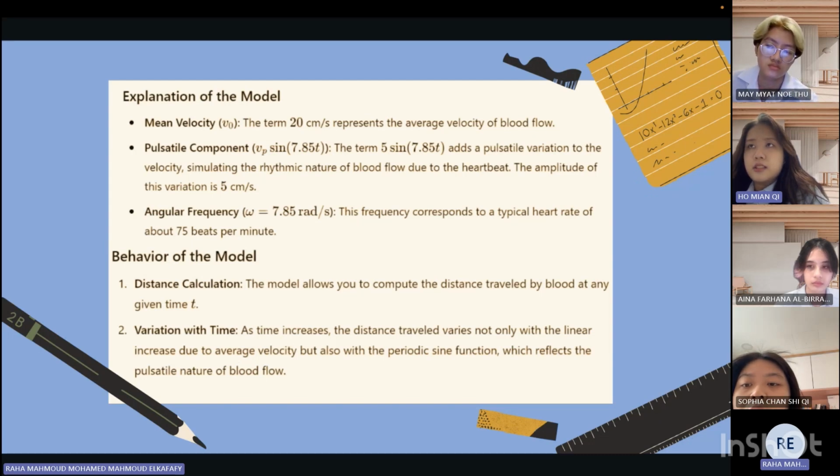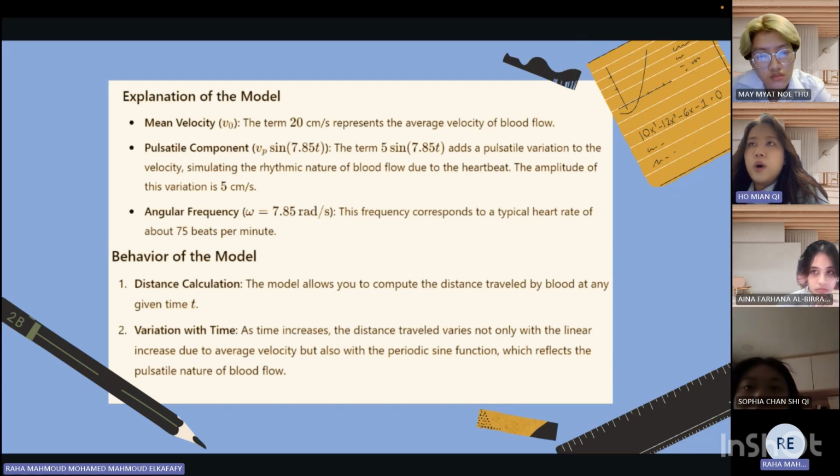Next, it has the pulsatile component, which is 5 sine 7.85t. This term adds a rhythmic variation, simulating how the heartbeat affects the blood flow. The amplitude, which is the 5, represents the strength of the pulse, the extent of the fluctuation. And the angular frequency, the 7.85 radians per second inside the sine function, reflects how quickly these pulses happen.